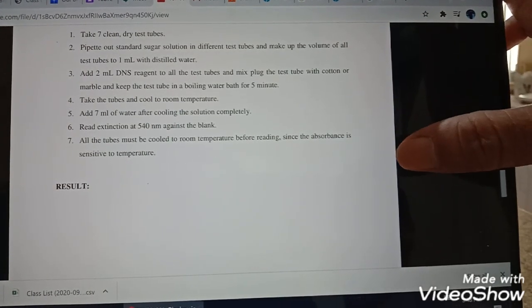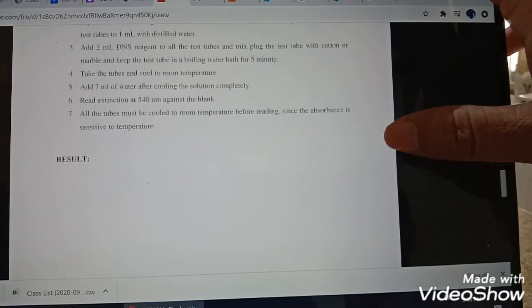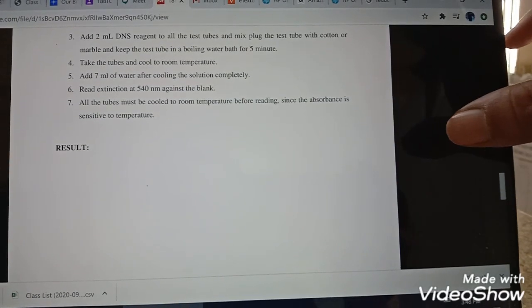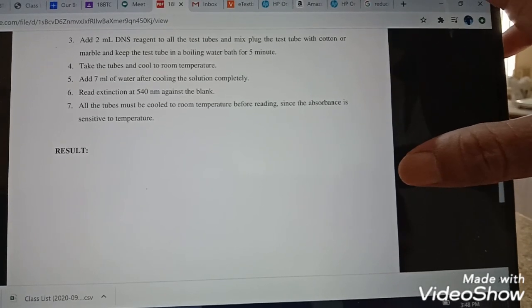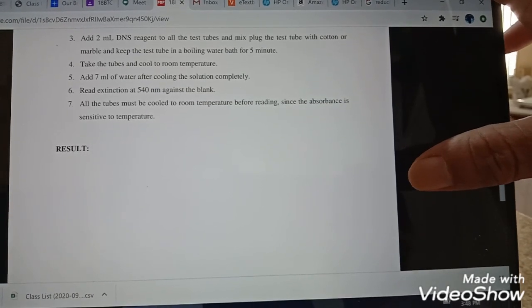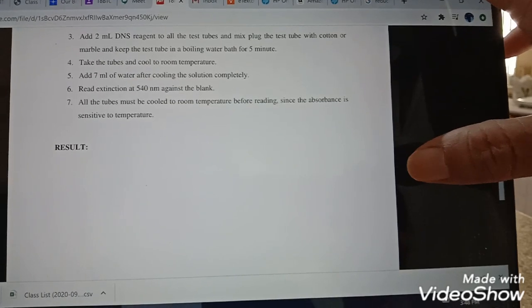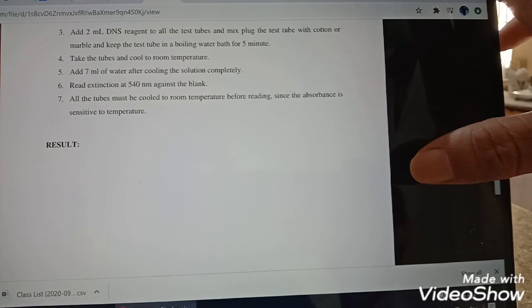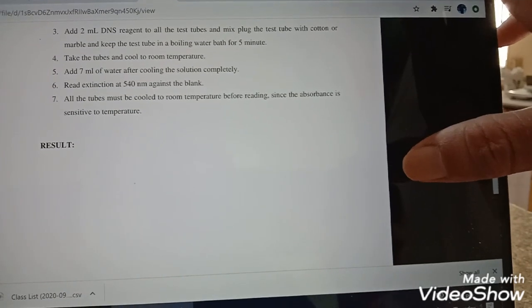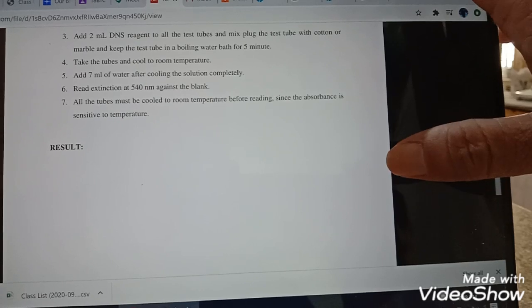After boiling, take the test tubes out of the water bath, cool them to room temperature, and make up to 10 ml by adding 7 ml of water. Mix thoroughly with a vortex mixer, then read at 540 nanometer against a blank and plot the values on graph sheet.